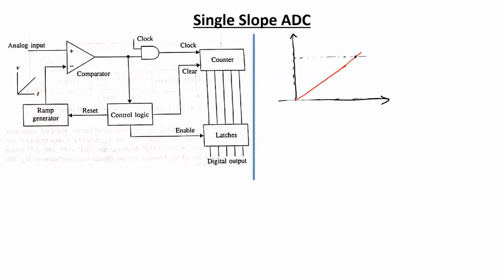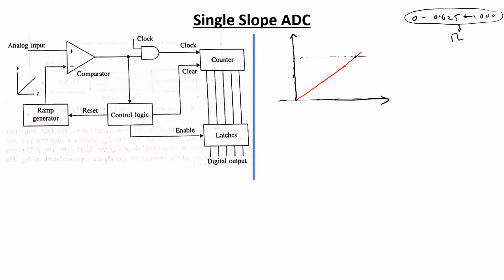So for the first quantization state, when we define that our range is from 0 to 0.625 and corresponding digital output should be 000, which means that for this quantization state we have to provide one clock pulse.